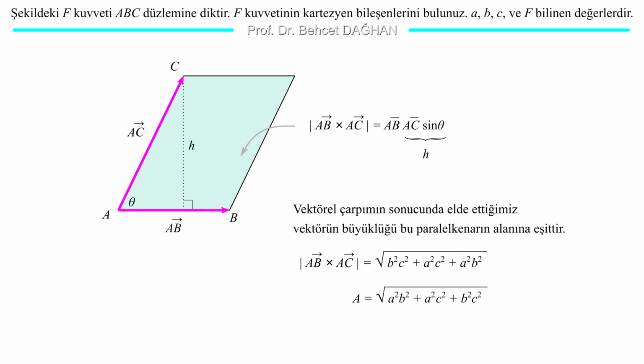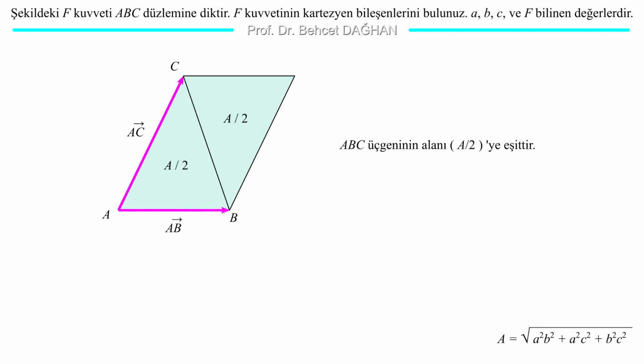We see from the figure that AC multiplied by sine theta is the height. Therefore, the base multiplied by the height gives the area of this parallelogram. We previously obtained the cross product of AB and AC. Let's call the area of the parallelogram in the figure A.